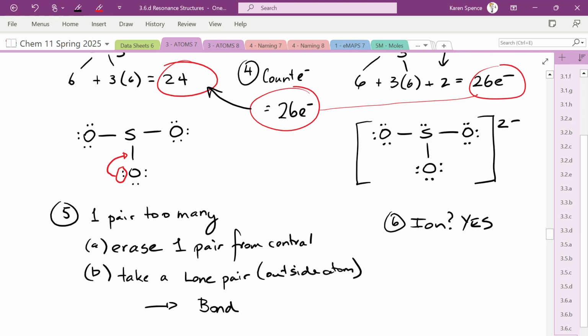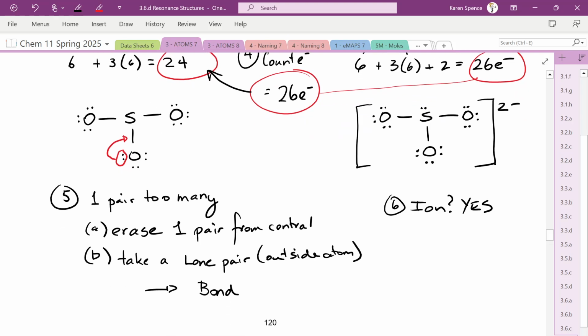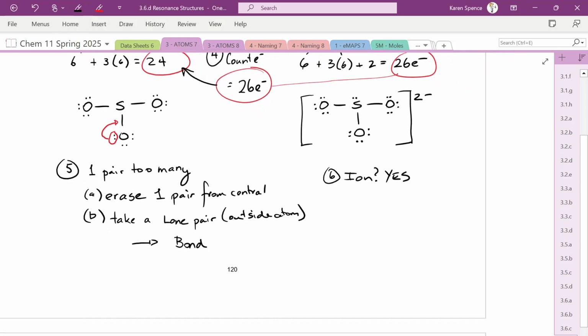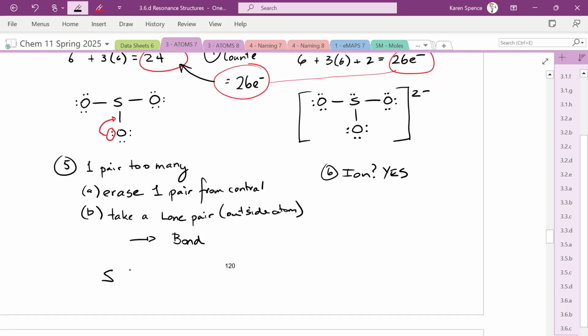All right. I'm going to redraw that down here somewhere. S O O O. Then we go to step 6.